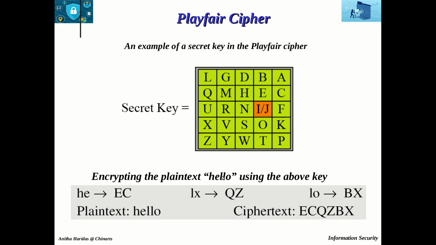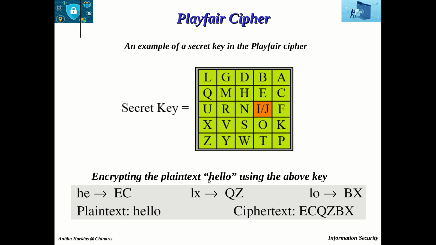this L will be padded with a dummy character, or you call it a bogus character, and then we have LO. Observe here, it is split into HE, then L and L are the same, so we introduce a bogus character X in between.